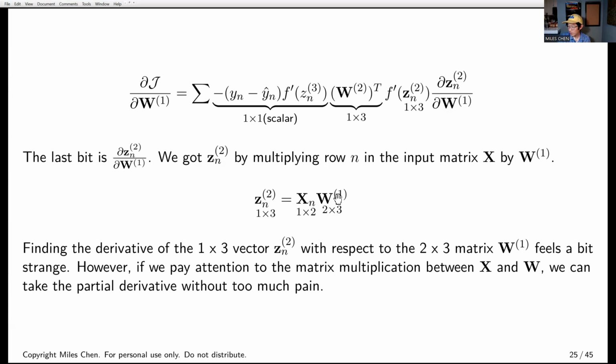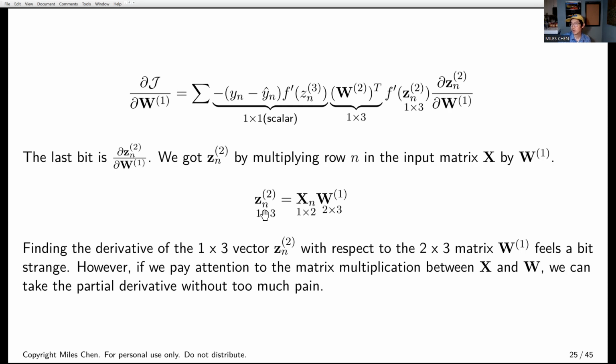And it is the result of taking your nth row in X and multiplying it by your first weight matrix W. What are the elements being multiplied? The nth row in X is one row, and we've got 2 columns in X, right? And W is this weight matrix where we have 2 rows and 3 columns. So we're multiplying a 1 by 2 times a 2 by 3, and the result is a 1 by 3 matrix.